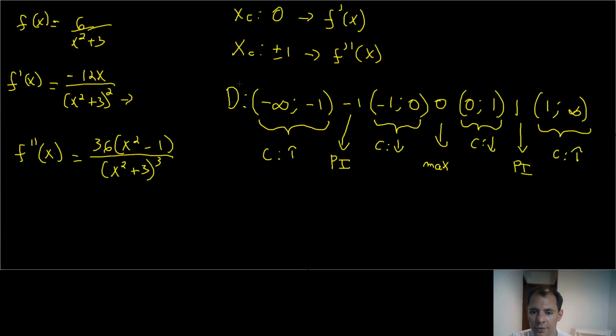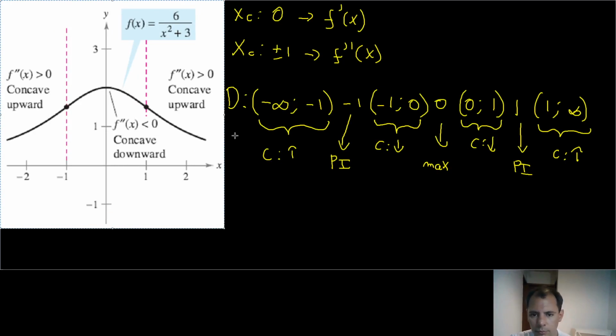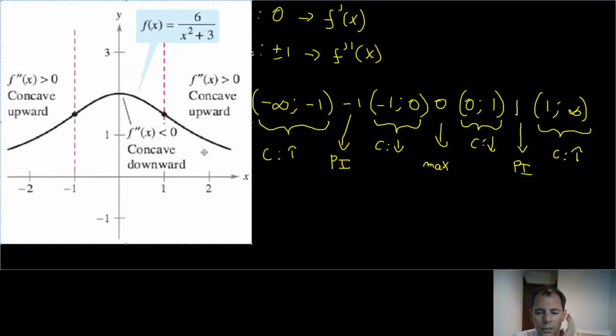Now let's see if it's really this way. Look at that graph. All right, I'm going to increase it even more. Must be hard for you guys to see it. Okay, so let's see here. From negative infinity to -1, concavity up, and it is a concavity up.